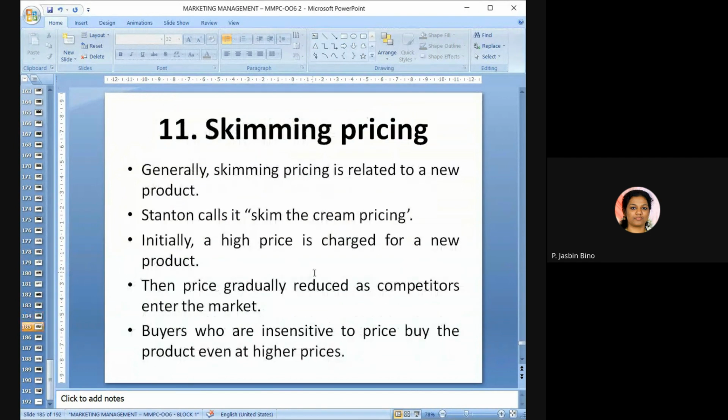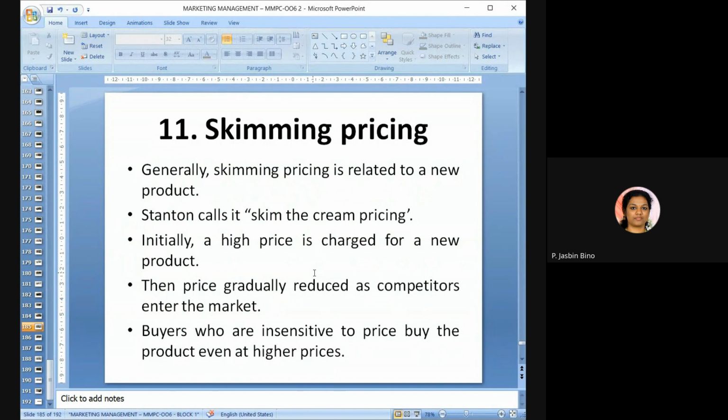The next one, skimming pricing. I mentioned before, market skimming and market penetration in the introduction phase of the product life cycle. It's related to a new product. Whenever a new product is introduced in the market, they'll be charging a high price at first for the new product. Then they'll be gradually decreasing.